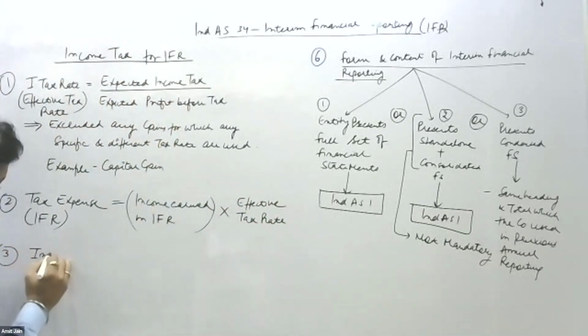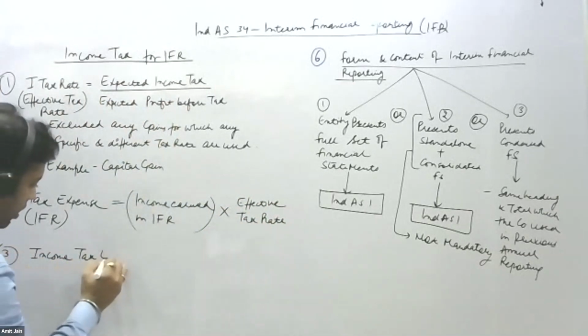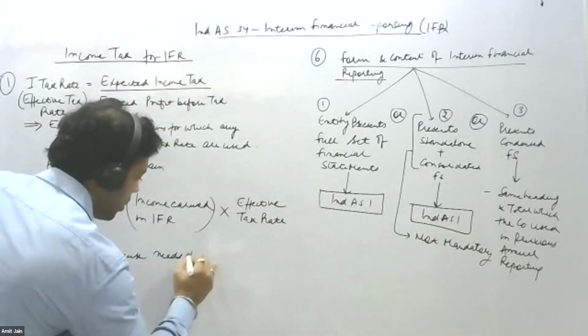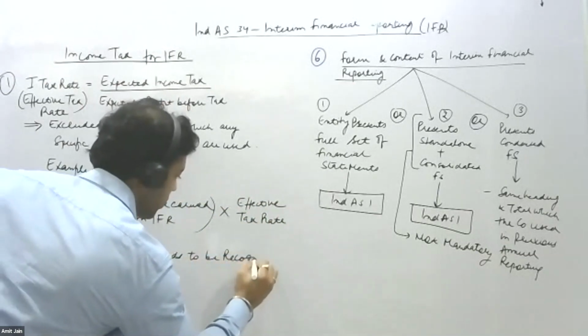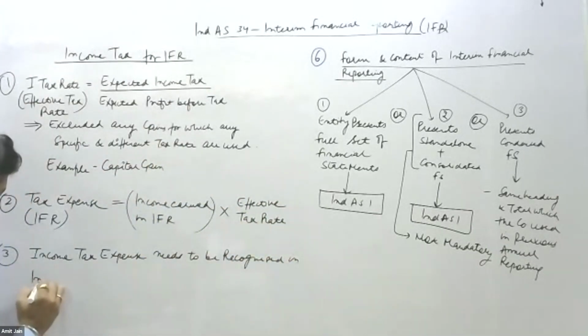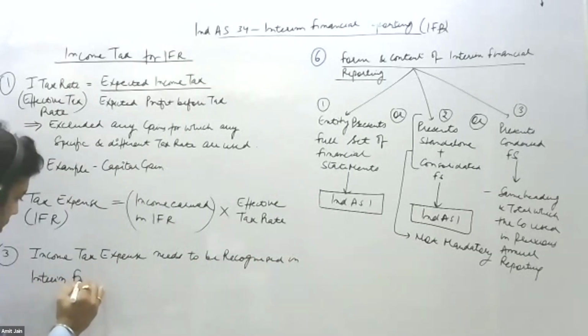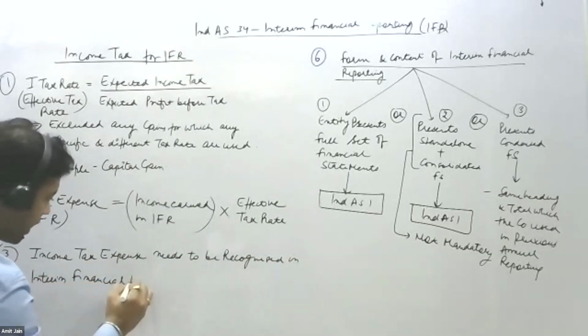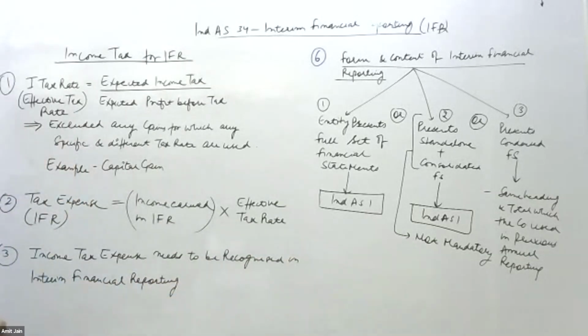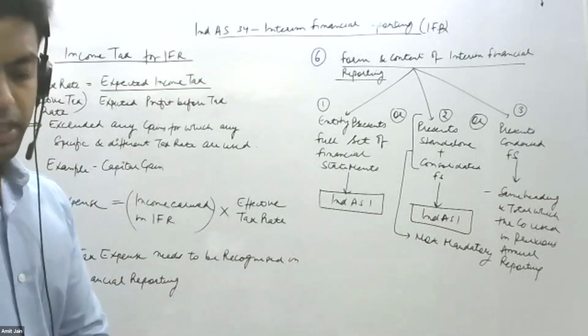Income tax expense needs to be recognized in interim financial reporting, right? What does it mean? Let me rub this side as well.